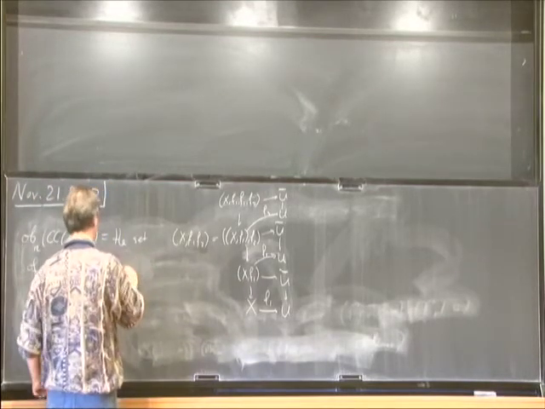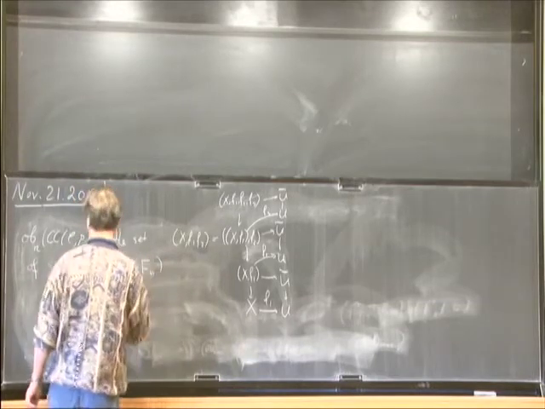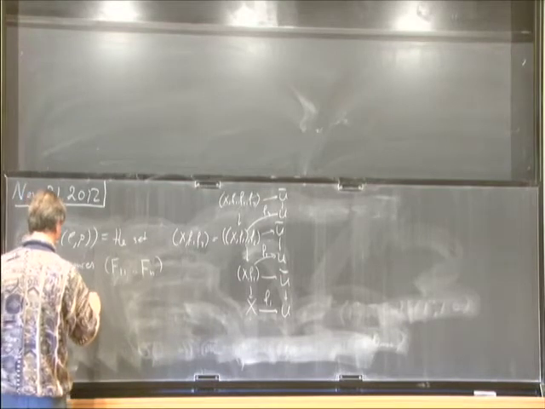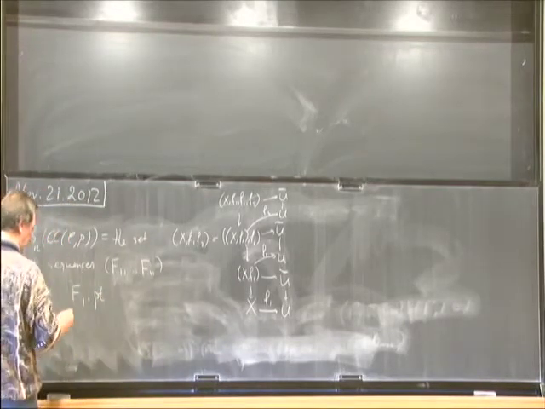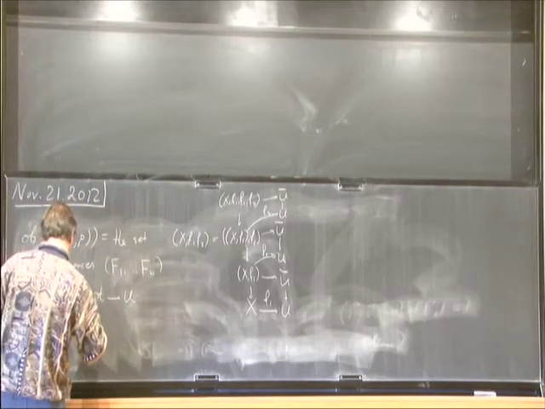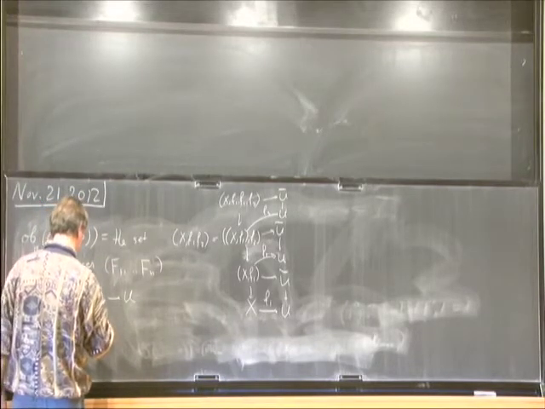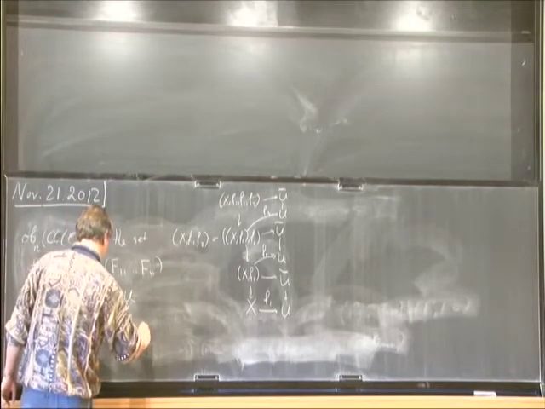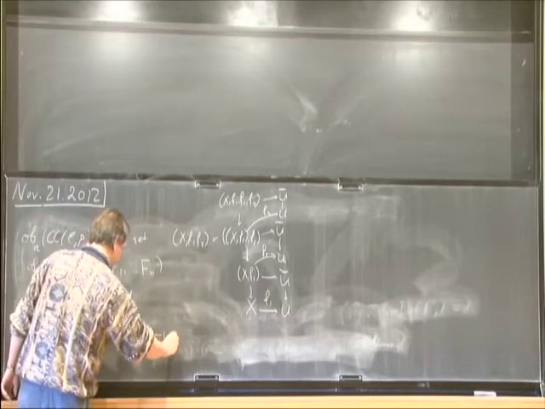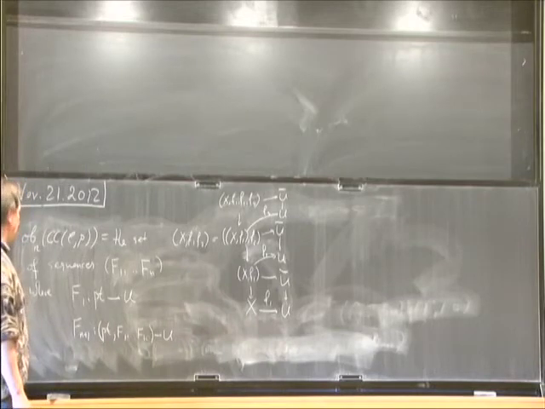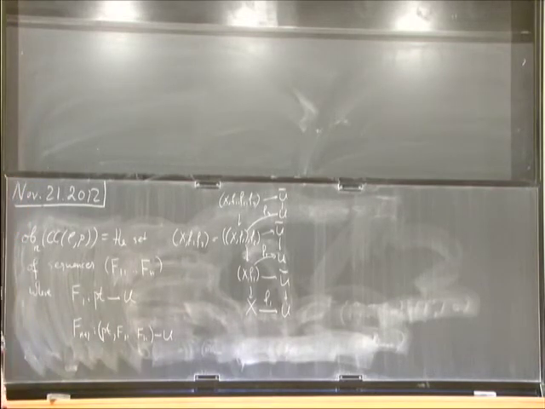Capital F1, ..., capital Fn, where F1 is from the chosen terminal object to U, and Fn+1 is from (pt, F1, ..., Fn) into U. I don't know, that's how it is in the paper.